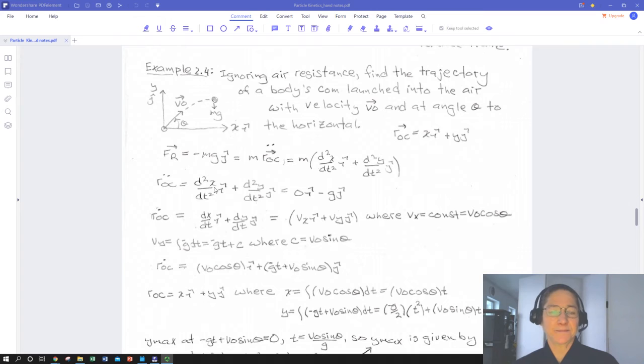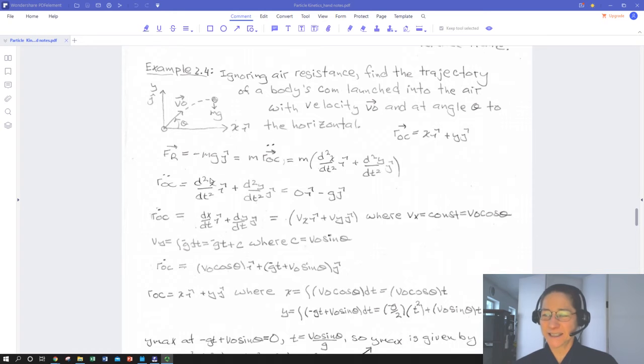We'll relate that to our acceleration from our force, so we're going to apply Newton's laws here before we go diving into all the integration of the kinematics.